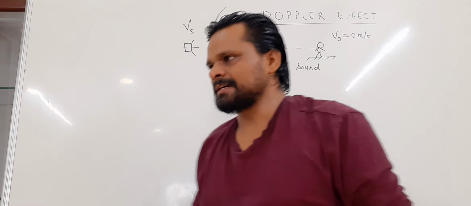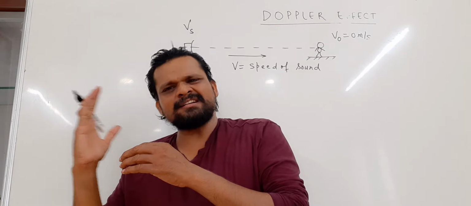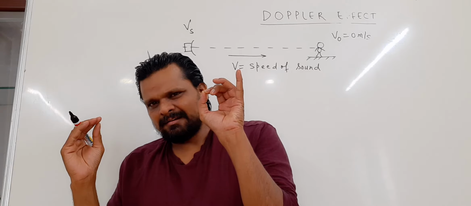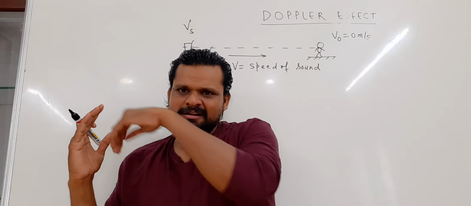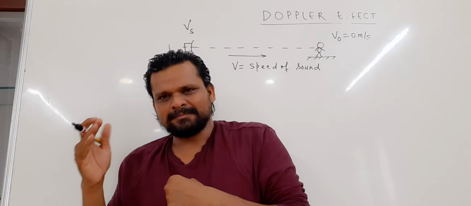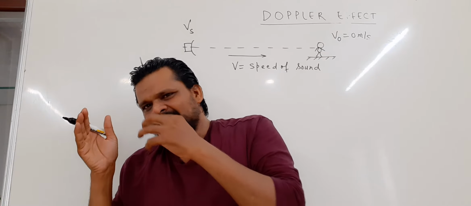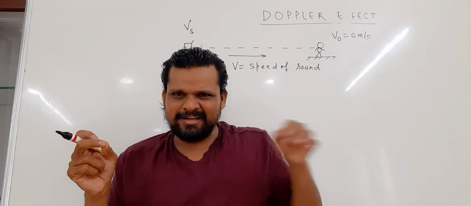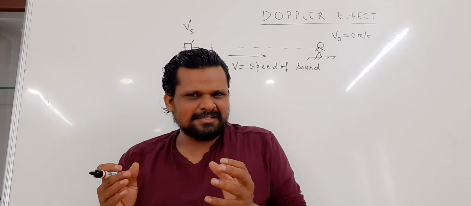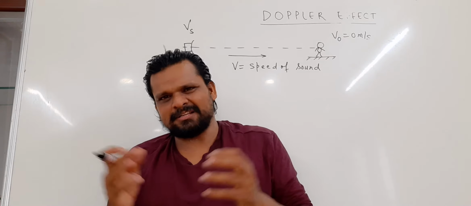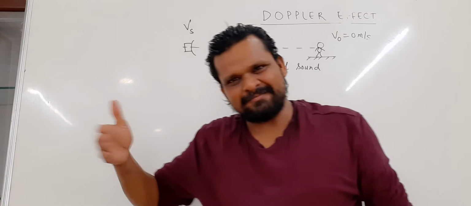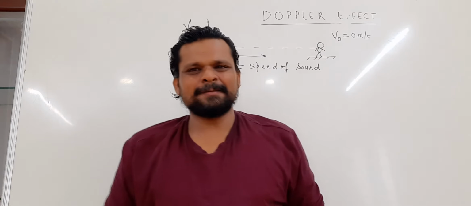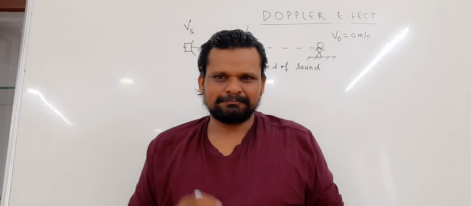Now see, when the diaphragm vibrates, it releases some message. When the diaphragm vibrates, the air molecules in its vicinity vibrate, and hence the air molecules transfer pressure variations from here to here to here, everywhere.